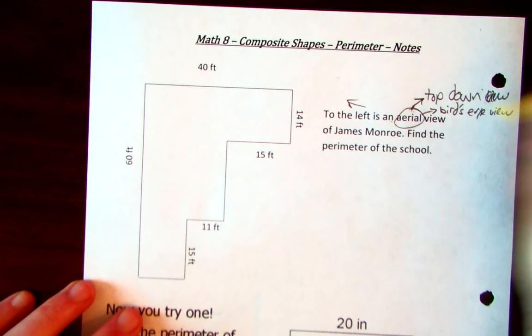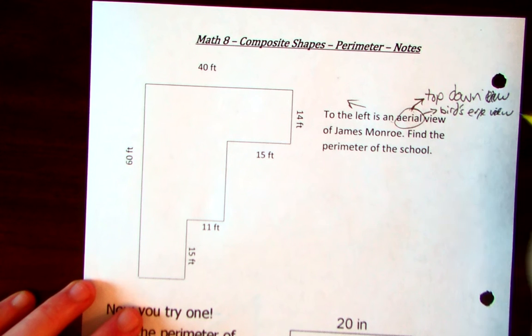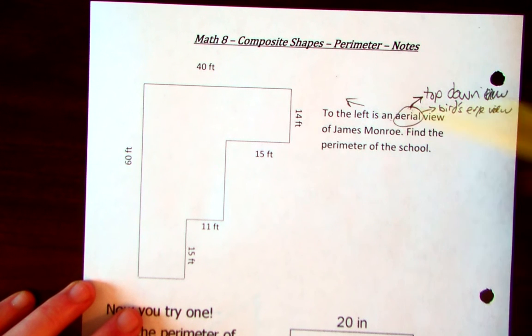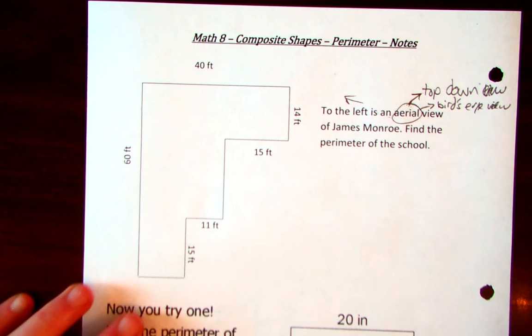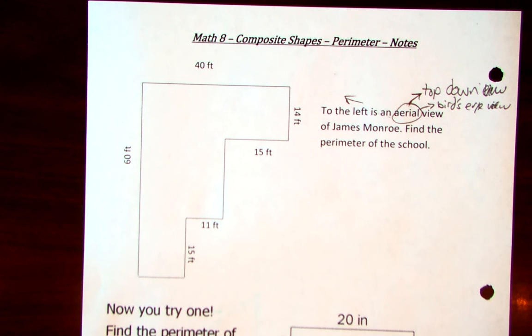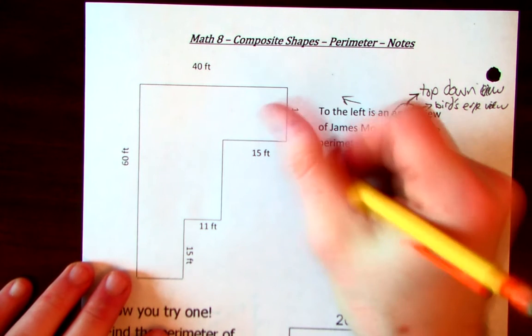All right. So now, if you have an aerial view of James Monroe High School, find the perimeter of the school. And so, again, what you're going to have to do now is kind of break apart and make sure that you have, so again, here's the steps.